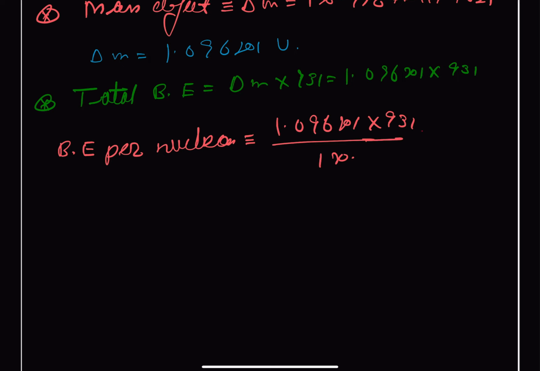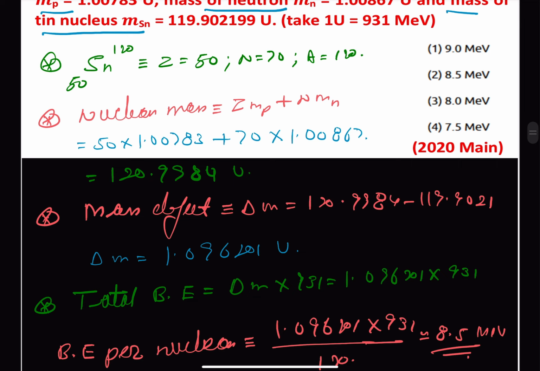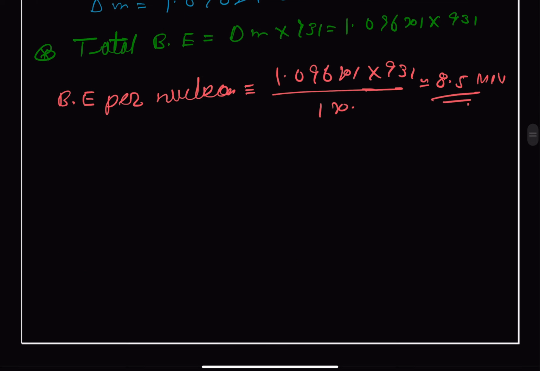So this comes as approximately equal to 8.5 mega electron volt. So option number 2 is correct. Next question.